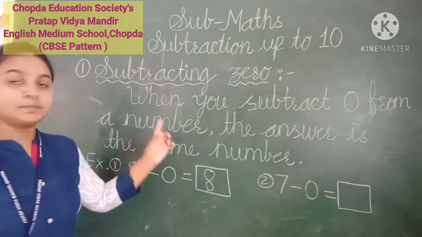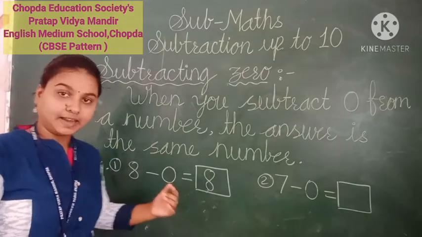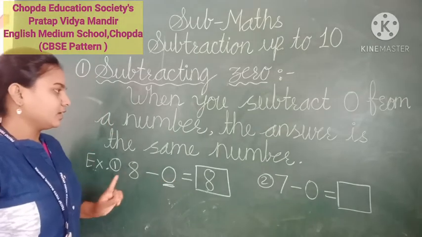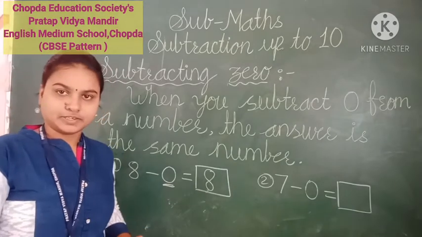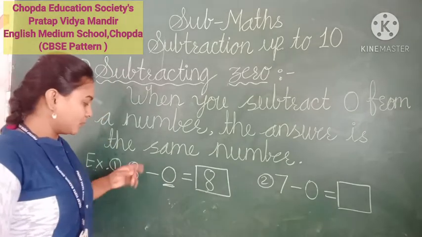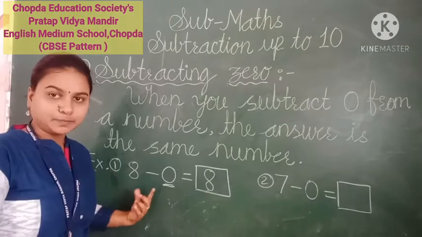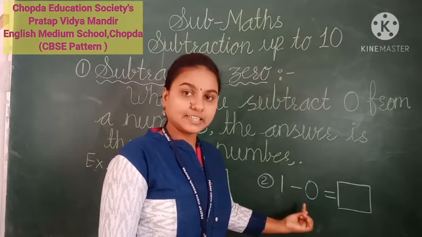We learned the property that when we subtract 0 from a number, the answer is the same number. So we write this 8 as the answer of this subtraction. The second example is 1 minus 0.